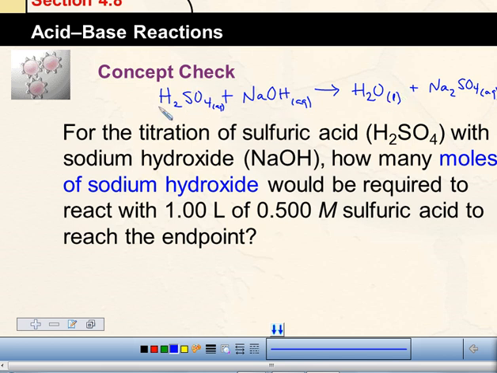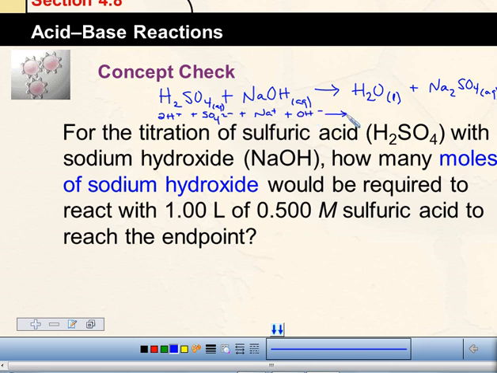The next step would be to look at these species, what's actually going to exist in solution. And so in this case, it's going to be 2 hydrogen ions plus a sulfate 2- plus a sodium ion plus a hydroxide.